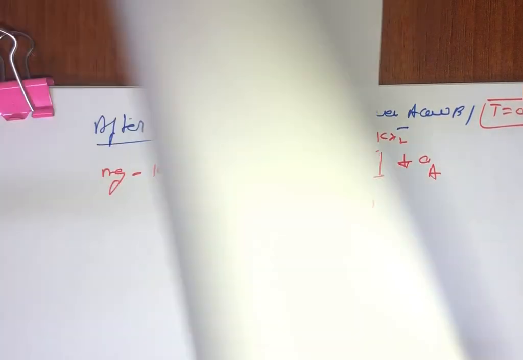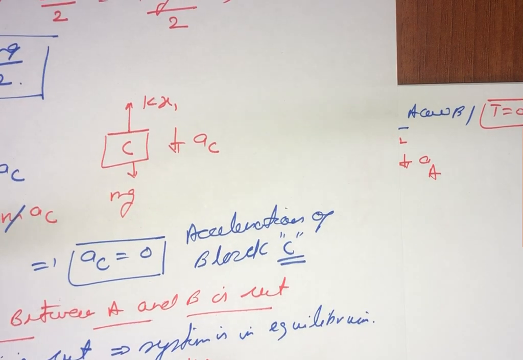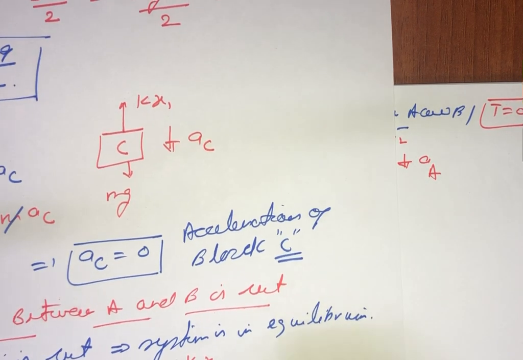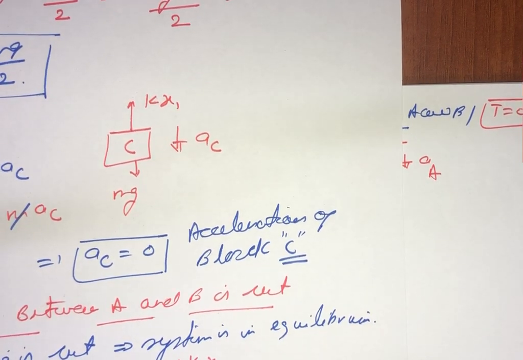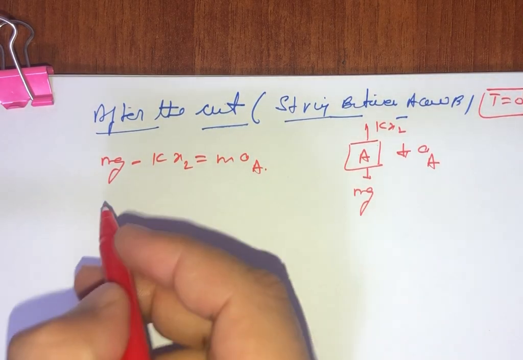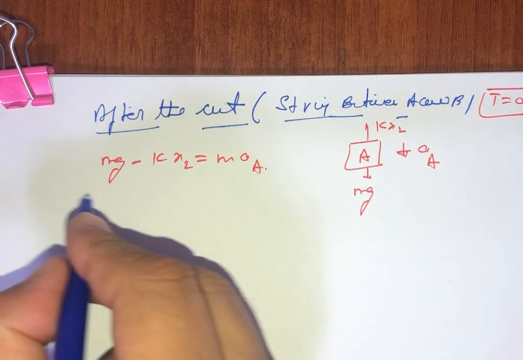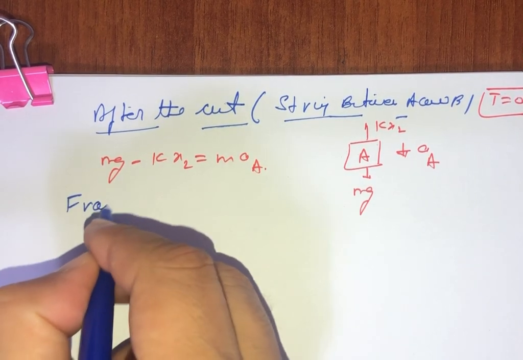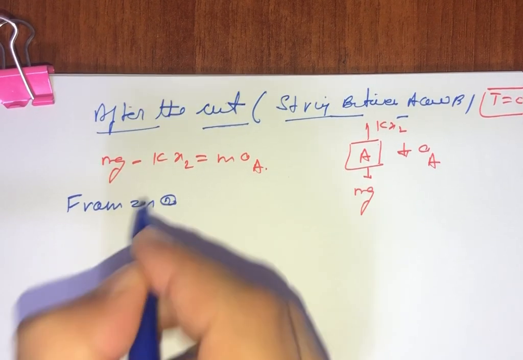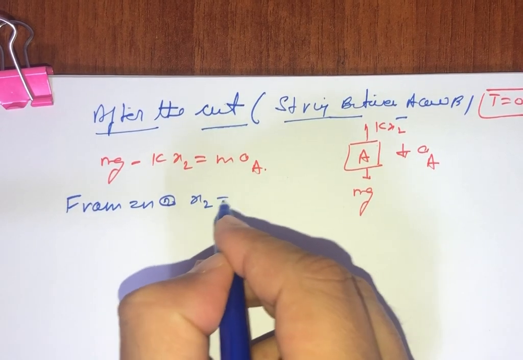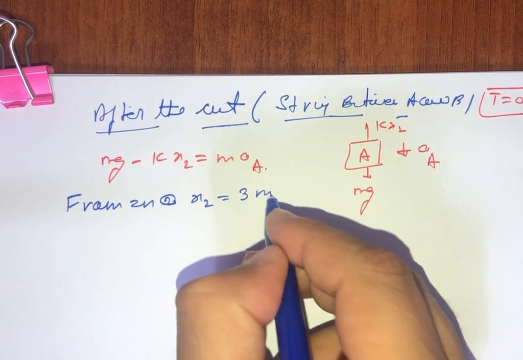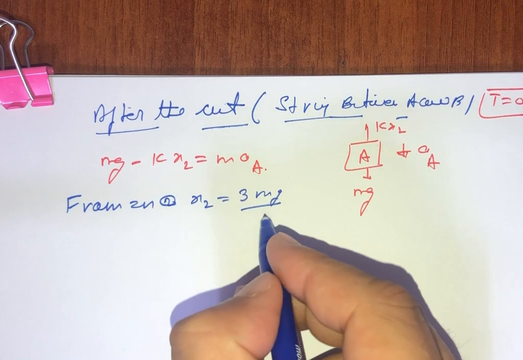Let us call this equation number 2. From equation 2, x2 is equal to 3mg divided by k.